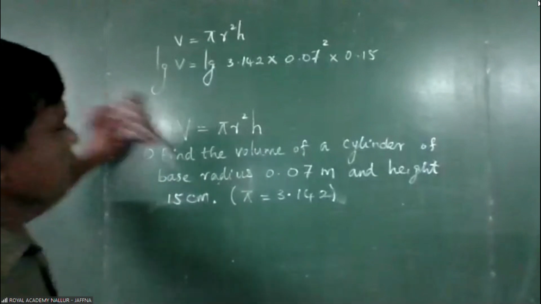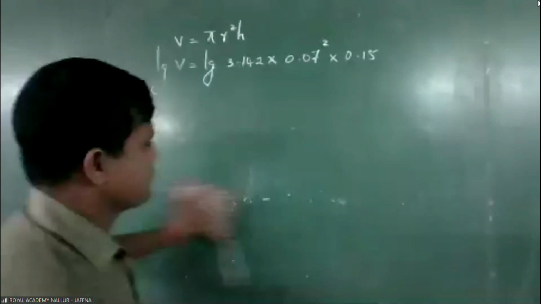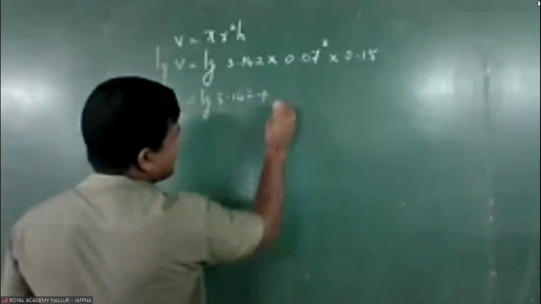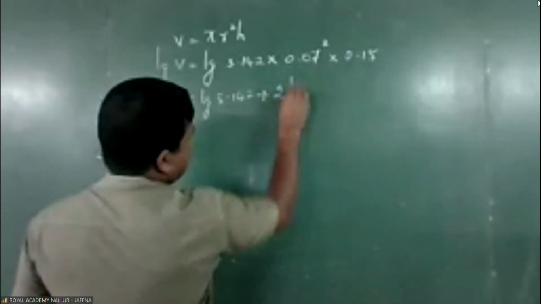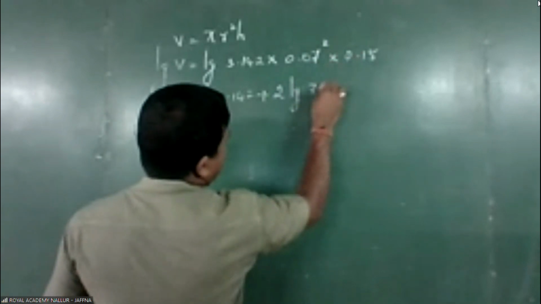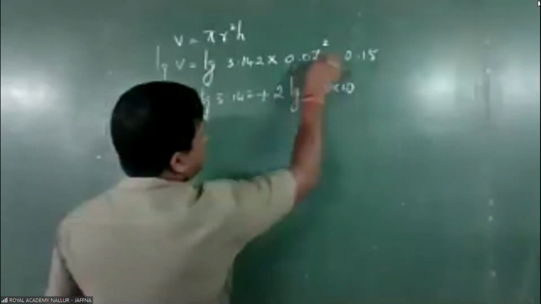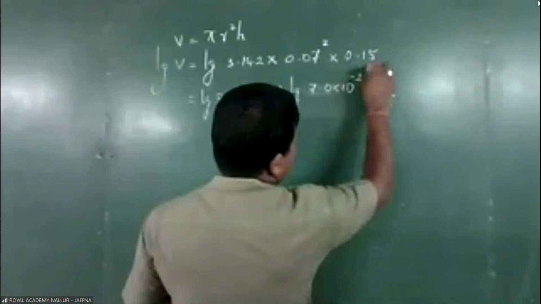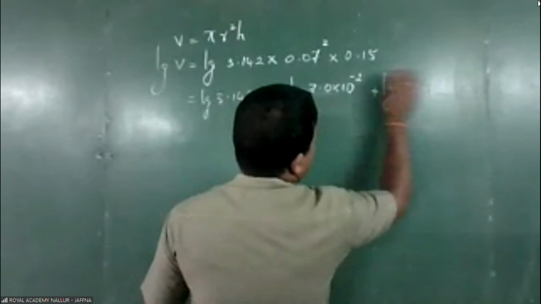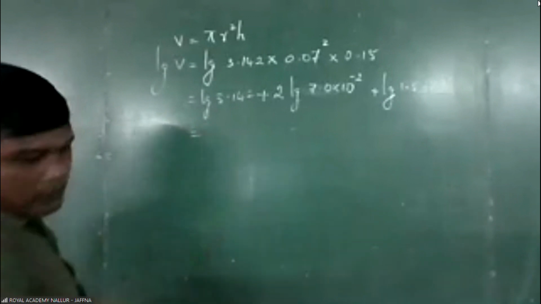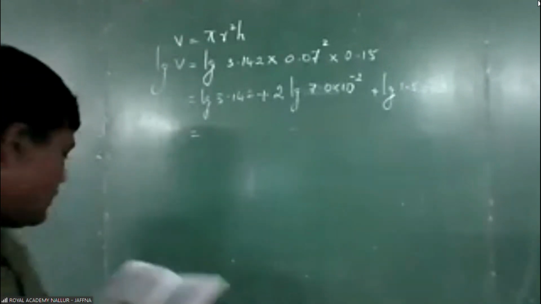Then you use logarithmic rules here. So log V equals log 3.142 plus 2 comes in front, 2 times log 0.07. At that time this will be 7.0 into 10 to the power negative 2, since two places. Again plus logarithm of 1.5 into 10 to the power negative 1. Right? So these logarithmic values you can find from the table.